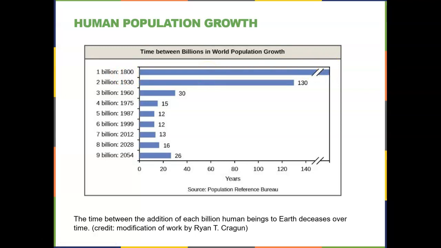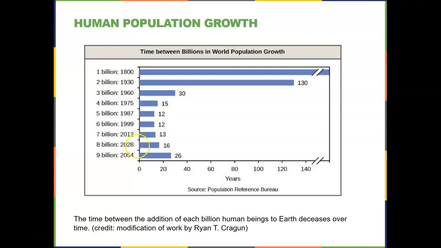And we see that it took about 130 years to add a second billion to the population. But then to add the third billion only took another 30 years. And to add the 4th billion, only 15 years. And to add the 5th billion, 12. And we've been holding steady that about every 12 or so years, we have been adding a billion people.